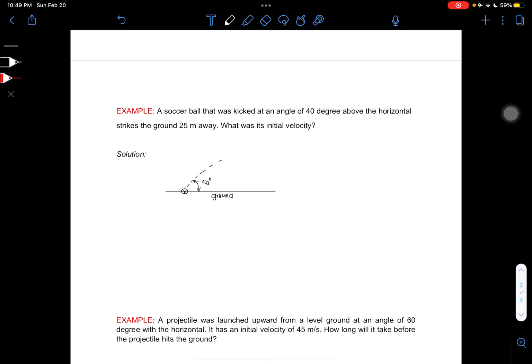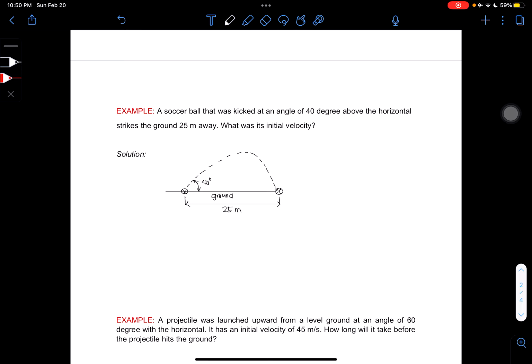The ball was kicked, and it lands 25 meters away. So therefore from here, at the final point, the distance is 25 meters.